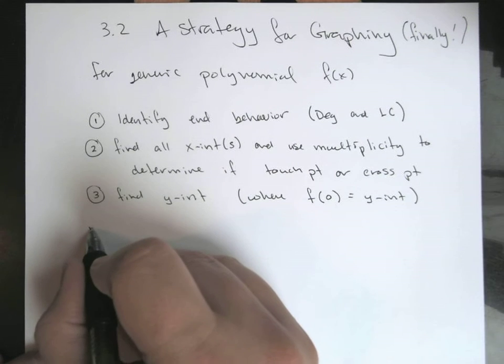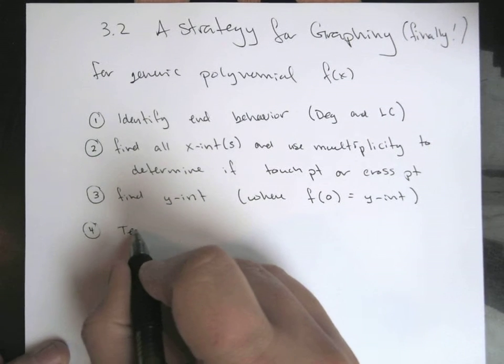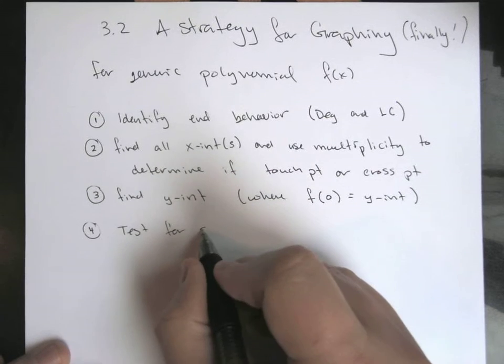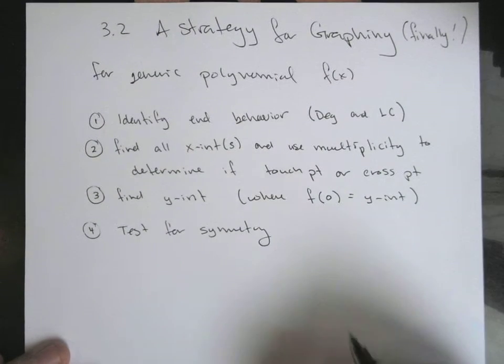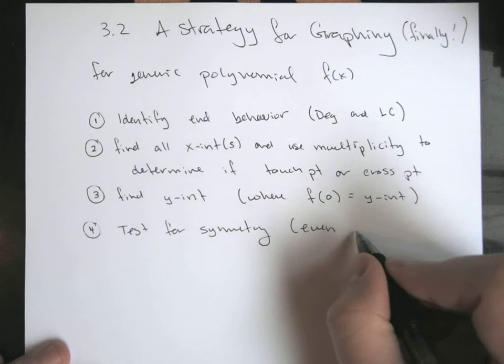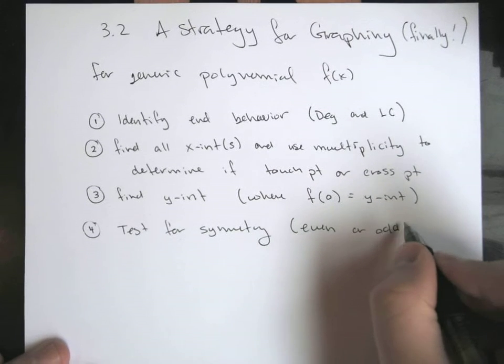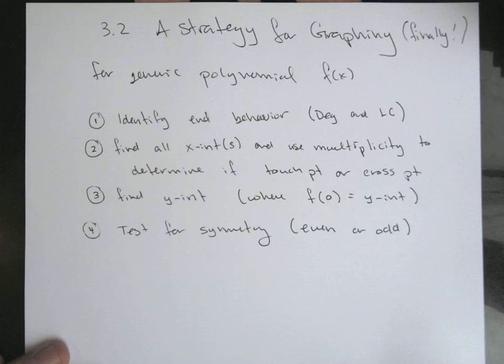Step number 4 is test for symmetry, even or odd. In theory, you could graph without knowing the symmetry, but if you do know that your graph is symmetric, it's going to help everything come together.